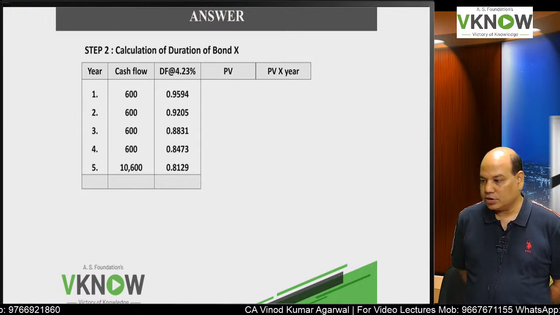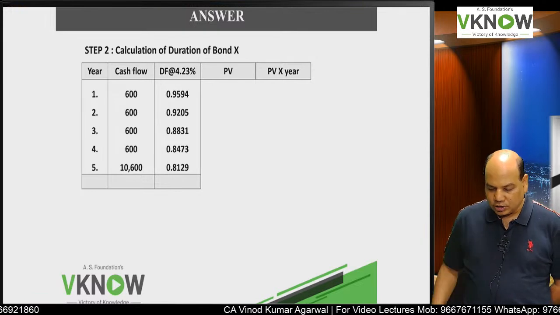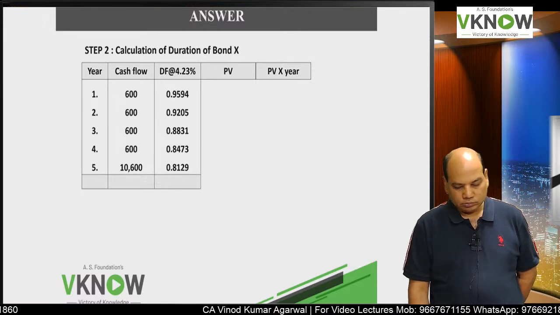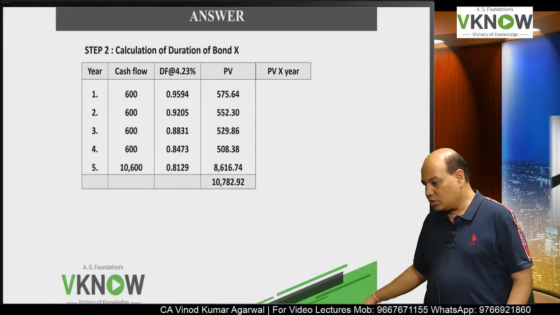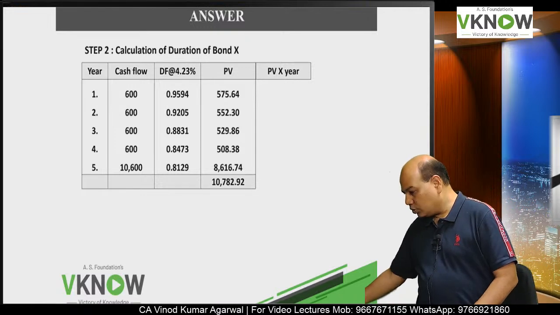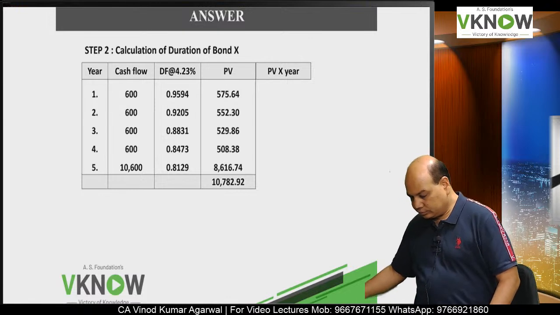Use the memory plus function for faster calculation. Check the answer. How much are you getting approximately?